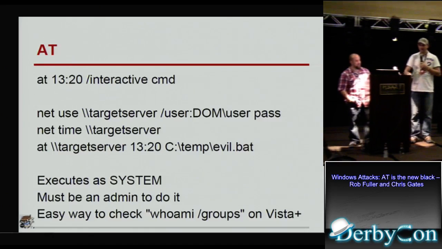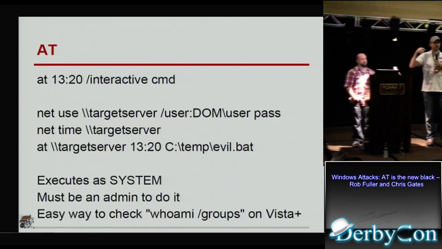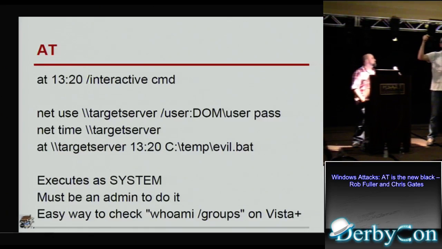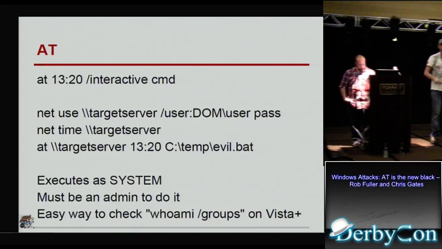So whoami /groups is one of my favorite commands these days because it tells you the effective user permissions that you have. Let's say in that earlier instance there's a bunch of groups and another bunch of groups and another bunch of groups, and this one esoteric group is the local admin group that's allowed local admin to the box.